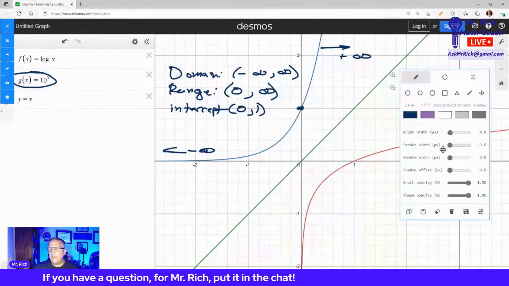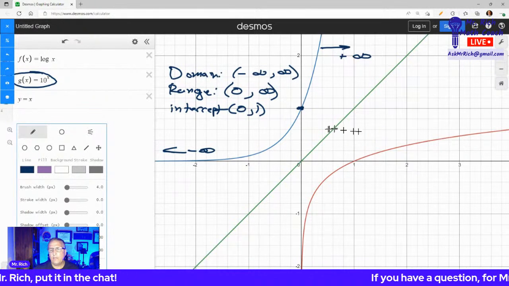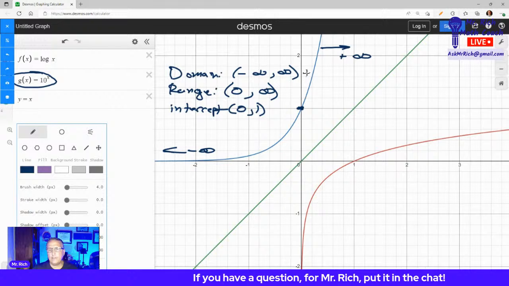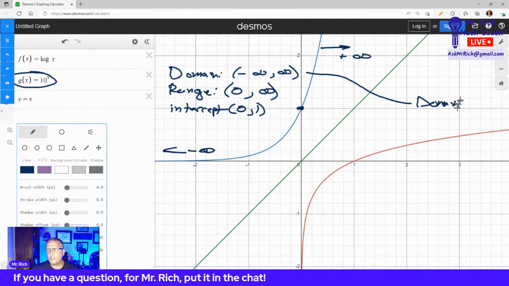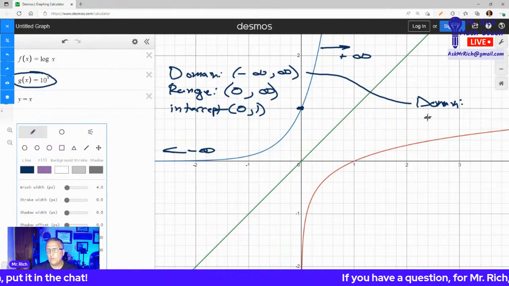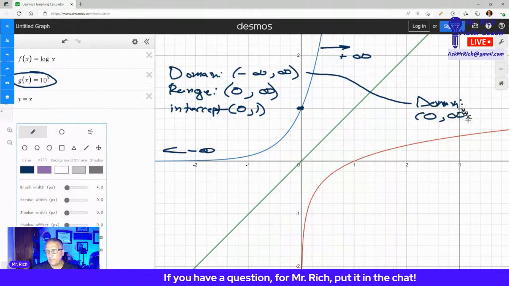Now let's contrast that with the logarithm function. And this is log base 10 of x. But notice that over here, since they are inverse functions, the domain of this function is going to become the range of its inverse. So the domain here is 0 exclusive to infinity.